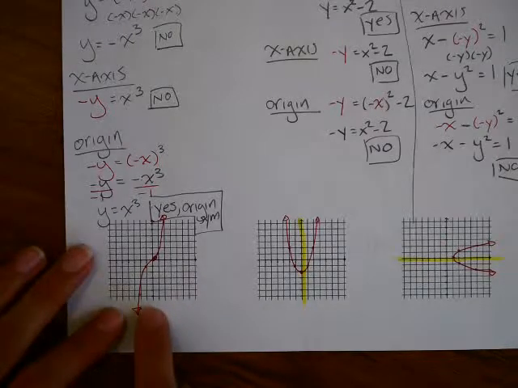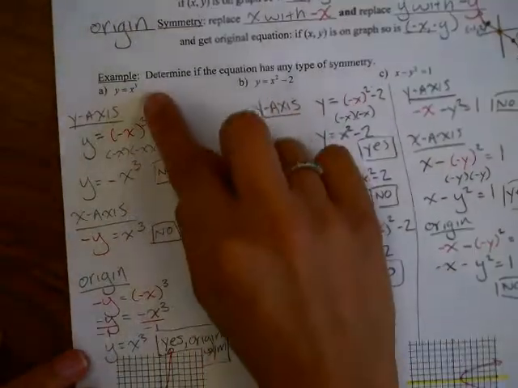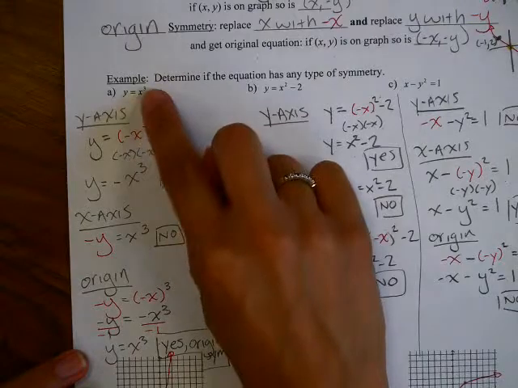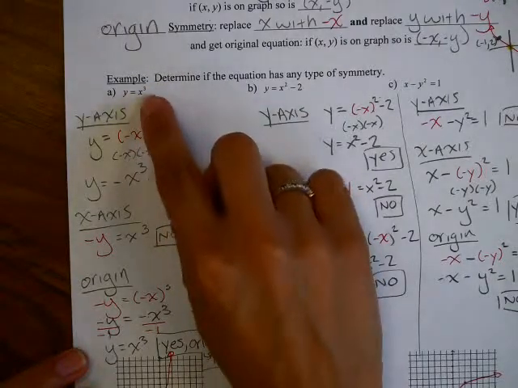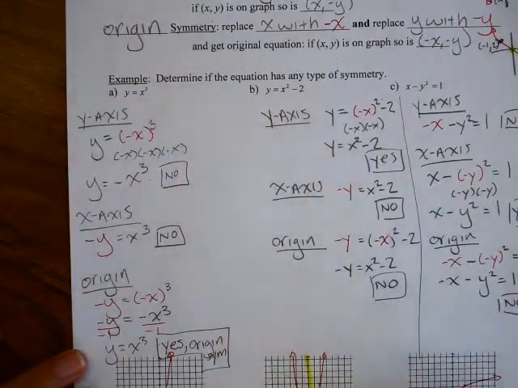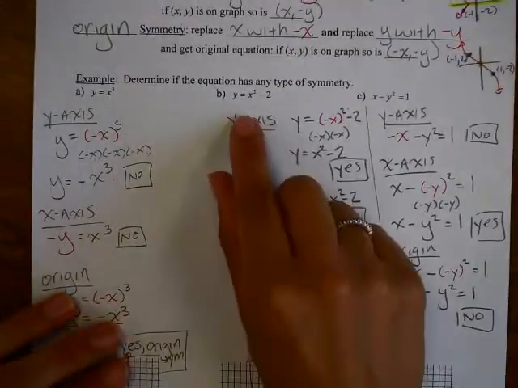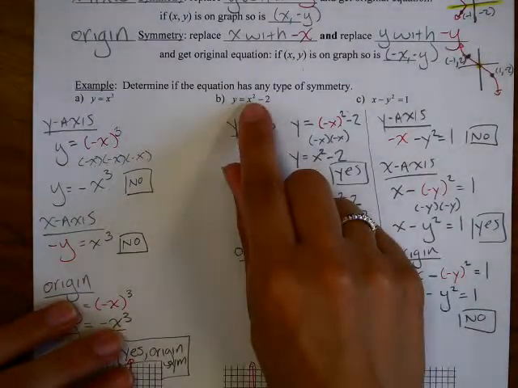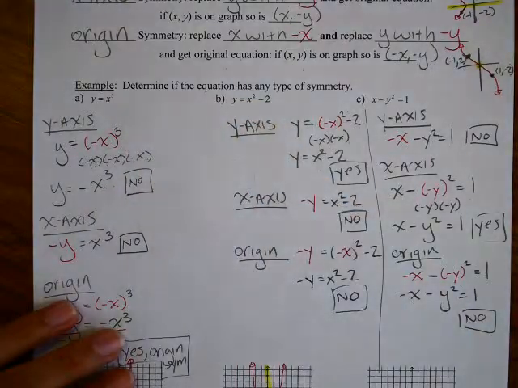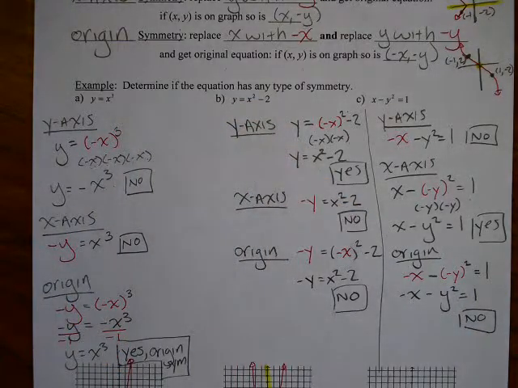Now the reason origin is called odd, because look at this exponent here, x cubed. That's our most basic odd function. Same way the reason y-axis symmetry is even, because our parabola x squared is our most basic even function. Let's fill these in here.